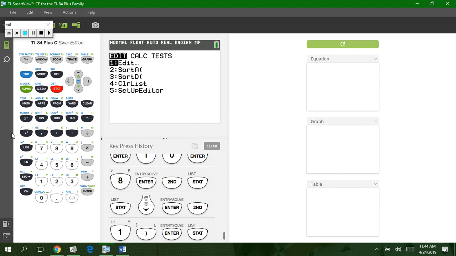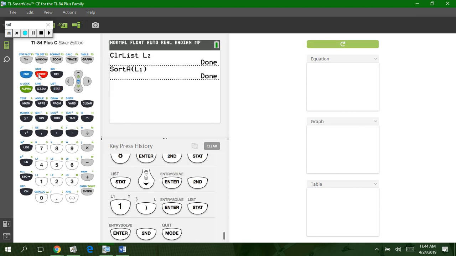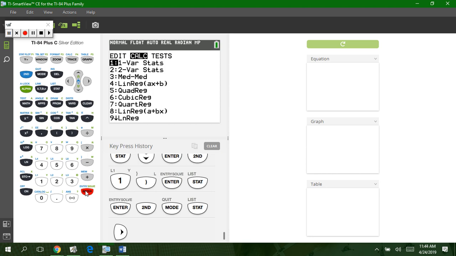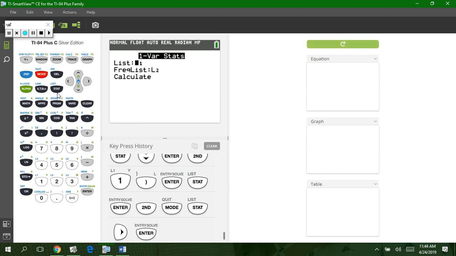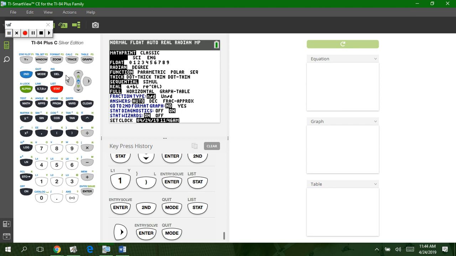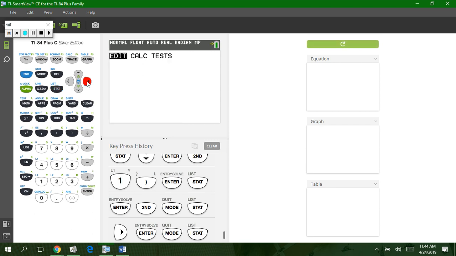Everything you're going to do today, guys, is calculator based. So we're going to hit stat, calculate, 1 var stat. Now, here's the important part. L1, that's where you put your stuff. Once again, stat, calculate.